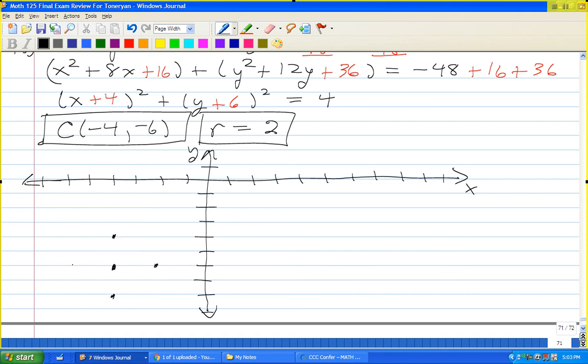Actually, that's a little off. And let's draw the circle. Good enough. So you don't see how that smudges. And so this is the center, and the radius is 2.